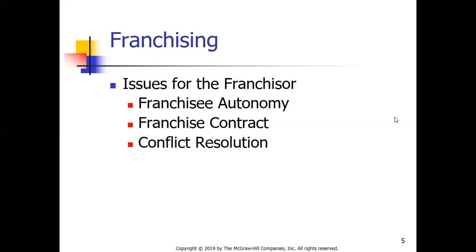Sometimes there are things that the franchisee has to follow, for example, inspection, day-to-day operating procedures and so on. So it depends on how well the franchisee is able to follow. And then the franchise contract.